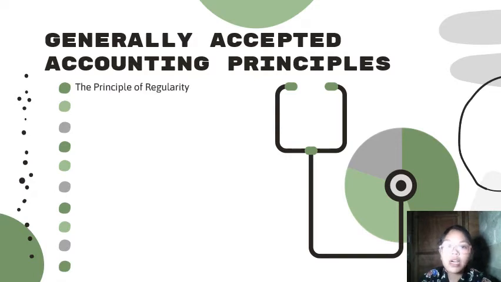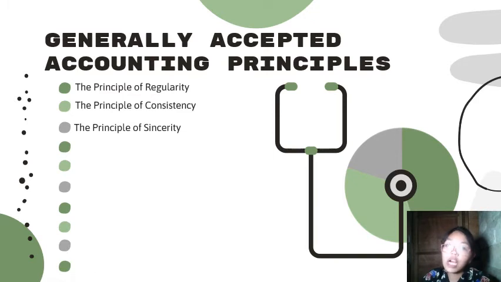The principle of regularity, the adherence to GAAP rules and regulations as a standard. The principle of consistency, the application of the same standards throughout the reporting process to ensure financial comparability between periods.